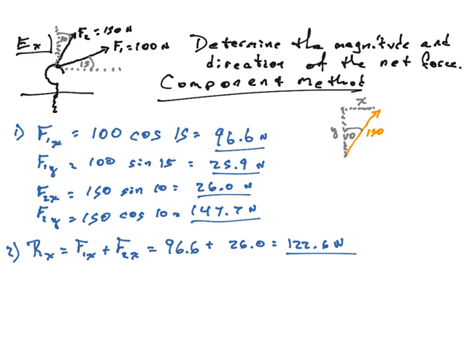Next, y. The resultant y, the total y component, is the sum of all the individual y components. So that's 25.9 plus 147.7, which gives us 173.6 newtons.